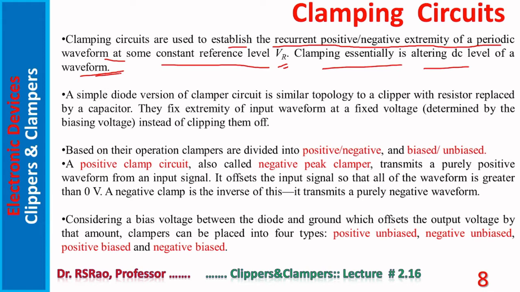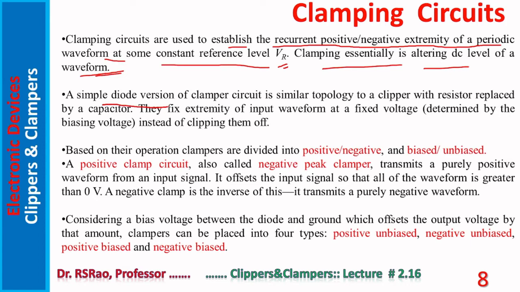In a clipping circuit, the spectral components of the signal are altered. In clamping, the waveform remains the same. The only alteration is in the DC level.